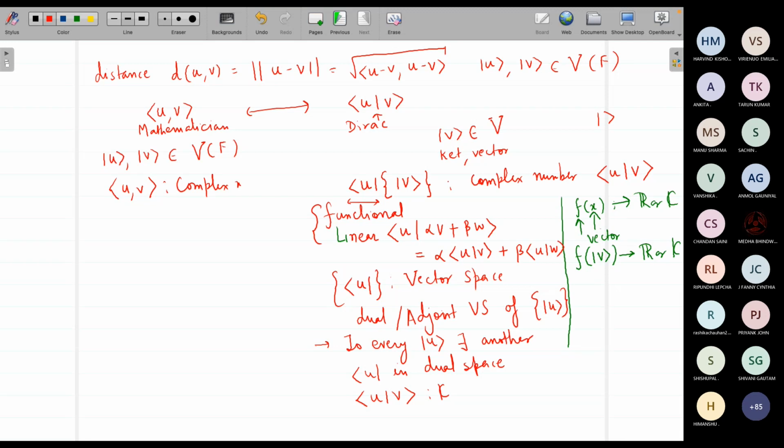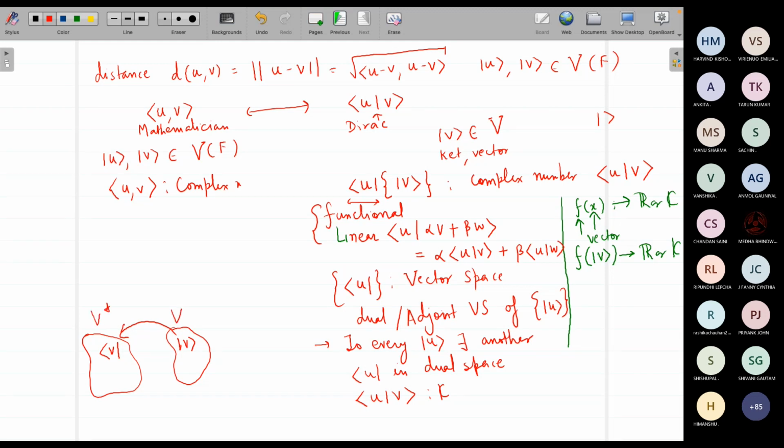Just like an identity is there for the right hand side, that it's a vector in one of the vector spaces. So Dirac gave some sort of idea that corresponding to every ket, there exists another dual space or a vector space where my linear functional lives. So for every vector, there corresponds another one.